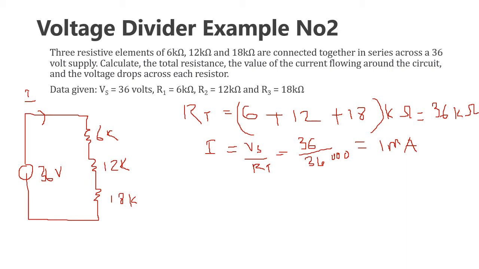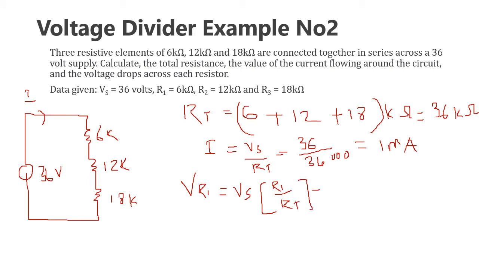The third part is the voltage drop across each resistor. To find the voltage drop across each resistor, we can write the equation VR1 is equal to Vs times R1 over RT. This is the common equation.